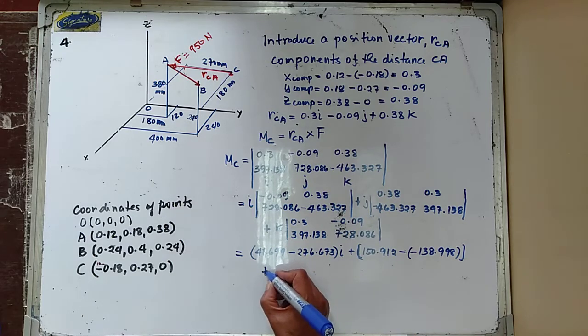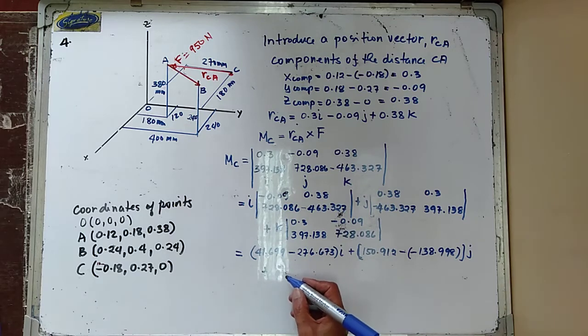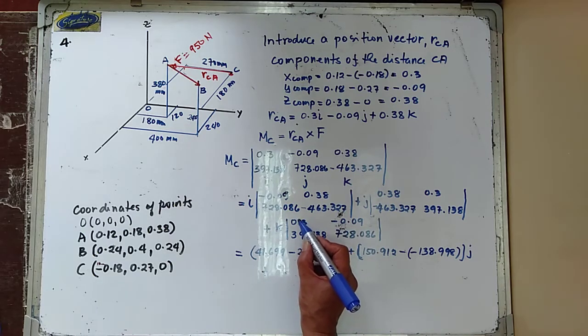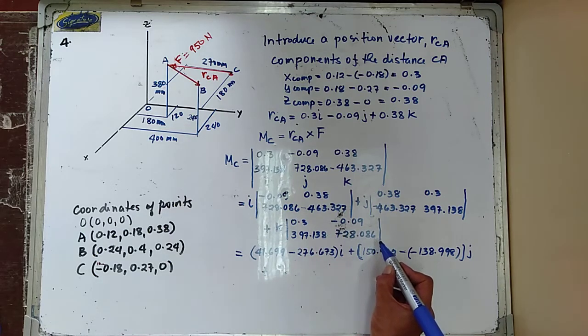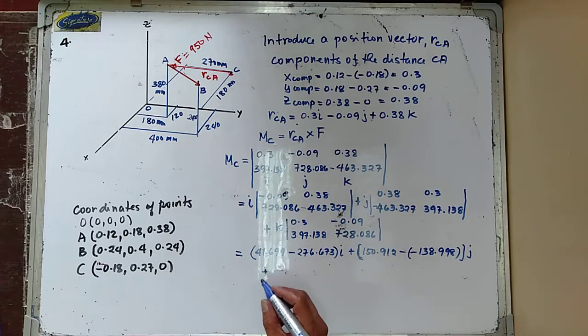And then J plus, this is positive 0.3 by 728.086.